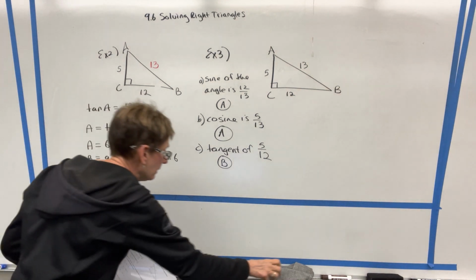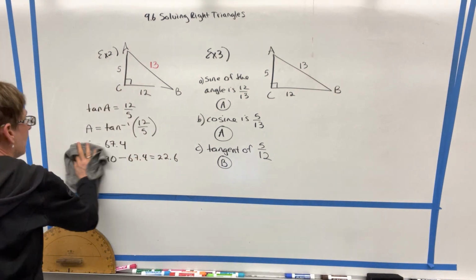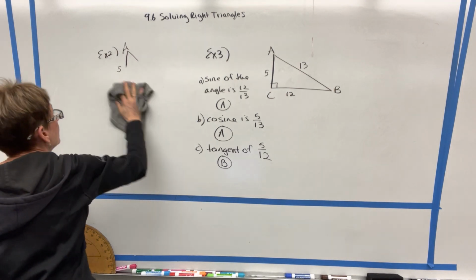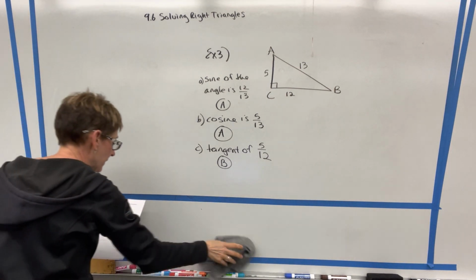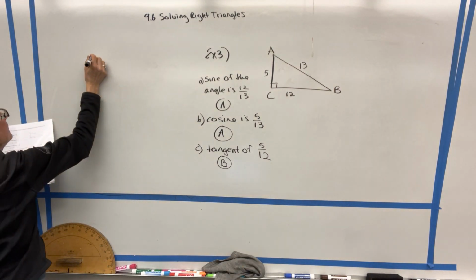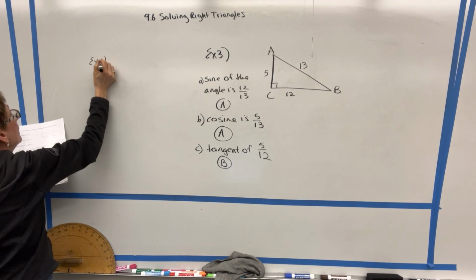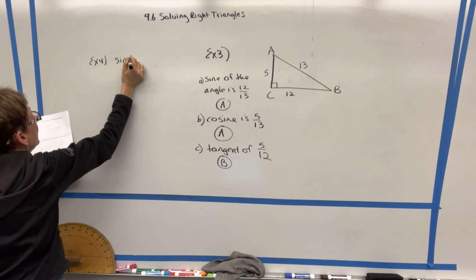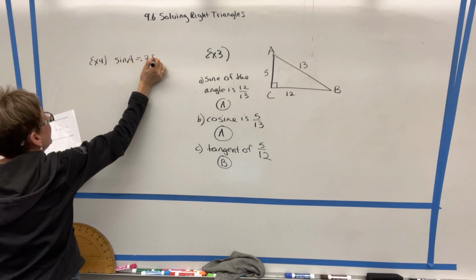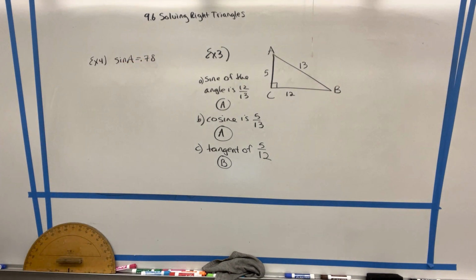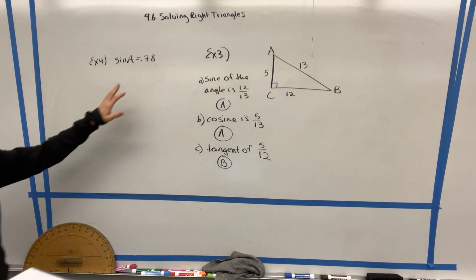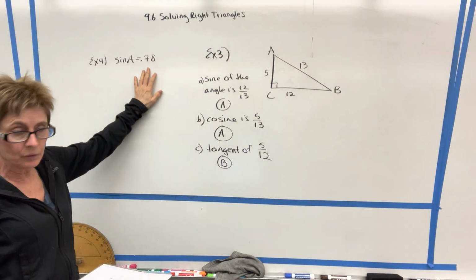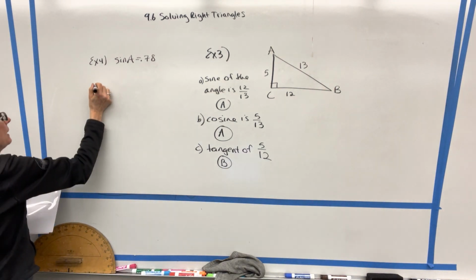Now, let's go ahead and do this problem without a picture. So we're going to do the same problem that we have been doing. Example 4, the question is, if the sine of A is 0.78, what is angle A? So sometimes you're just going to get this as a decimal, not as a fraction, but we do the same work.